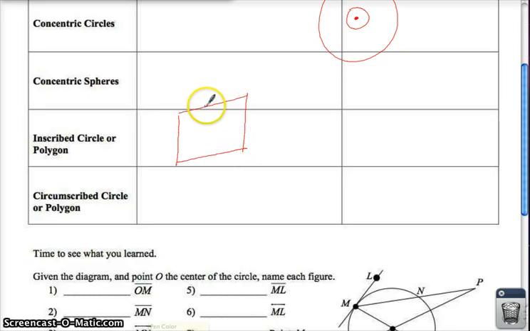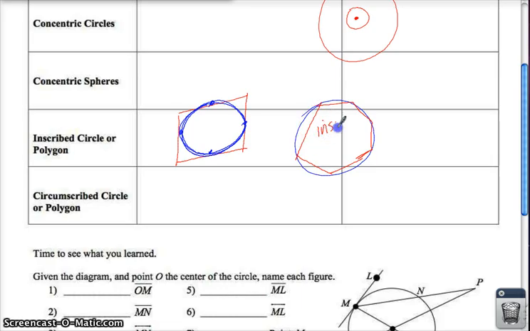If I inscribe a circle in there, the circle should touch all four sides just at one spot, which means it should pretty much be a square. But if I inscribe a polygon in a circle, so let's say I put the circle here and I inscribe the polygon, then I can make the polygon however big I want to, however many sides I want to, and that's an inscribed polygon. So this is an inscribed polygon, and this one is the inscribed circle.